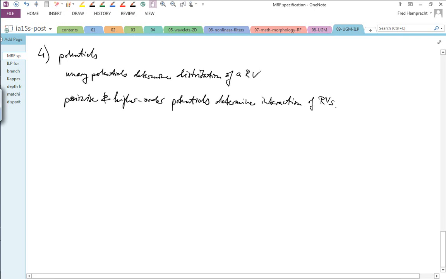We have what is sometimes called a pure Markov random field, where, let's say, a pairwise potential does not depend on the data at all. So the pairwise potential does not depend on the observations.